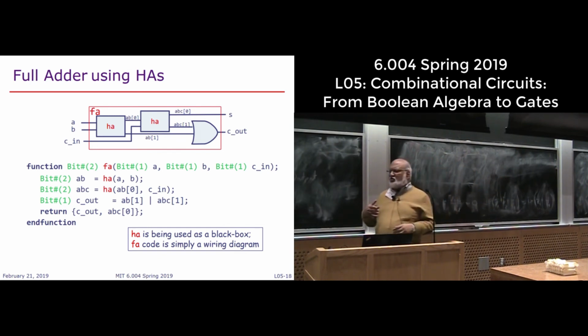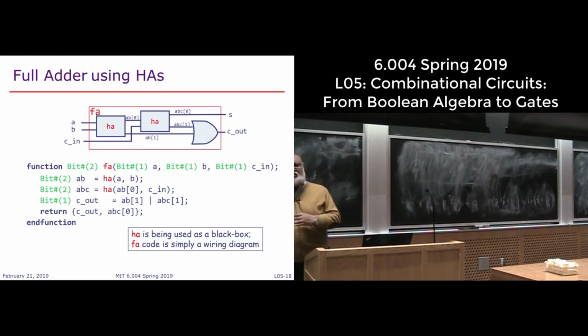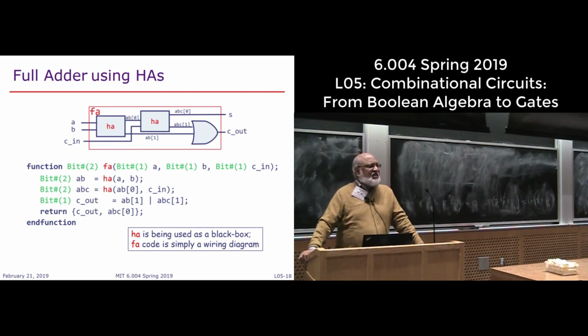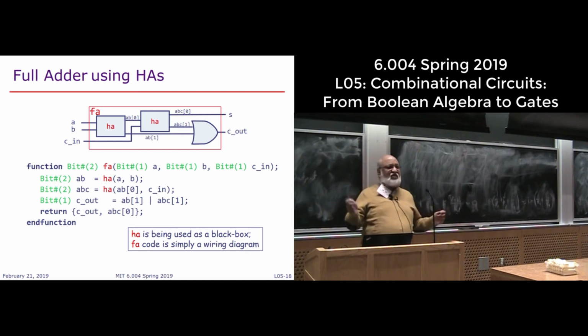So until now I could use and, or, not, exclusive or, right? But now I'm saying, half adder, I'm telling you these are the inputs, this is the output. It's another box. And full adder is nothing but connection of boxes. This is the running theme in combinational circuits. Any combinational circuit is going to be a wiring of these boxes.